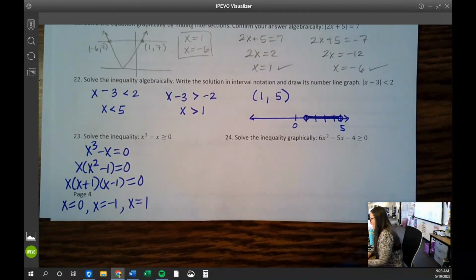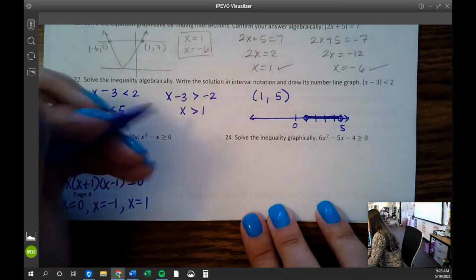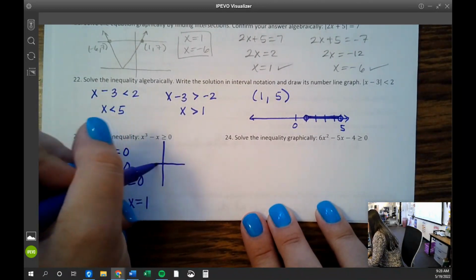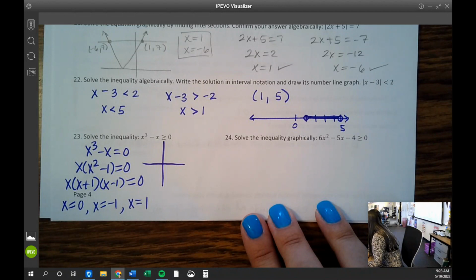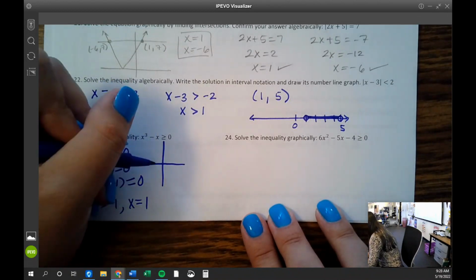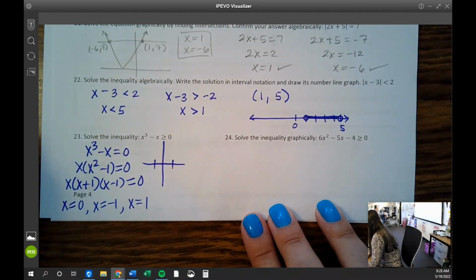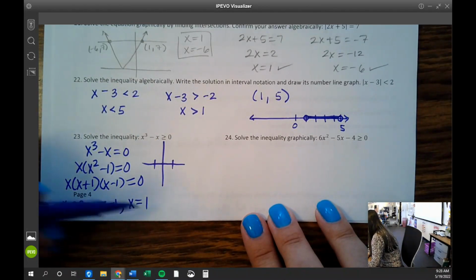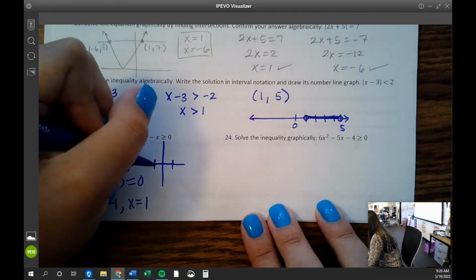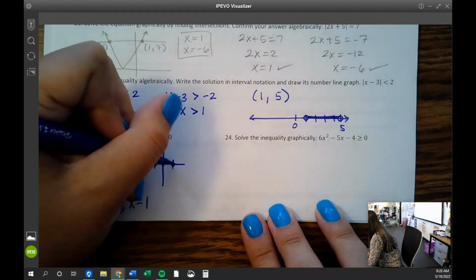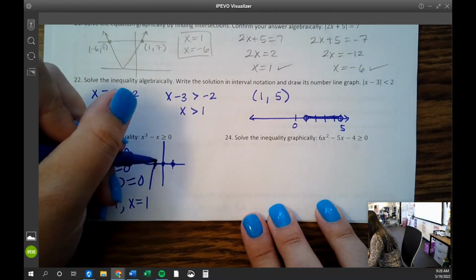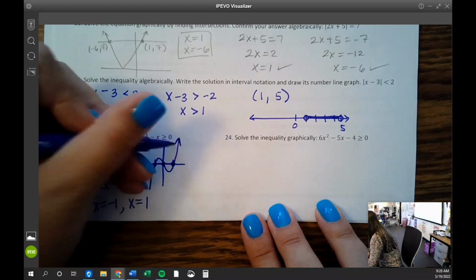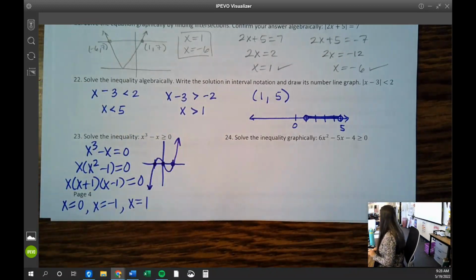Well, I also know what this looks like if I graph it, because I know what a cubic function looks like. And I now know that it hits the x-axis at 0, -1, and 1, because that's where it equals 0. So it would have to look like this.